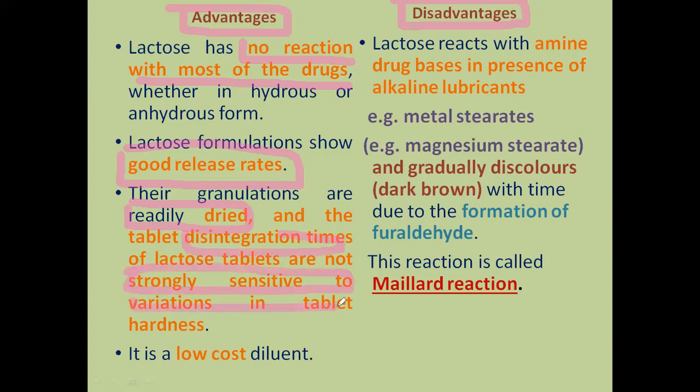So even if there is a variation in the tablet hardness, the disintegration time of tablets prepared from lactose is not strongly sensitive to it. And the most important thing is it is a low cost diluent. So these are the reasons which make lactose a favorable diluent in tableting.